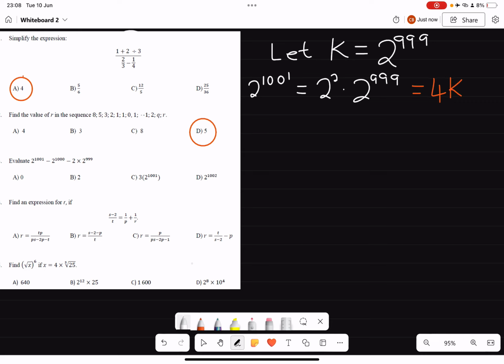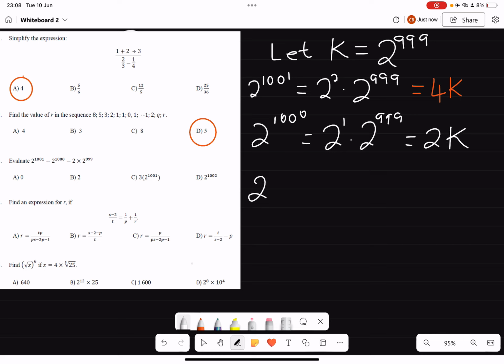All right, and then we have the second term, which is 2 to the power 1000. This is going to be 2 to the power 1 multiplied by 2 to the power 999, which is equal to 2, and then the other part is k.